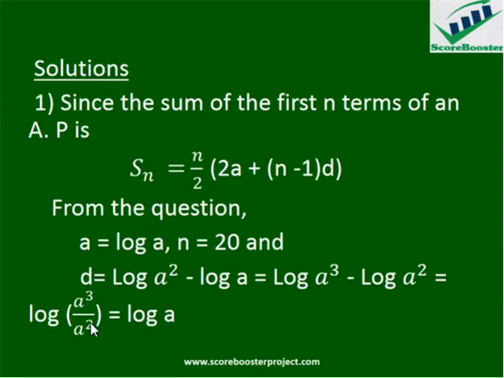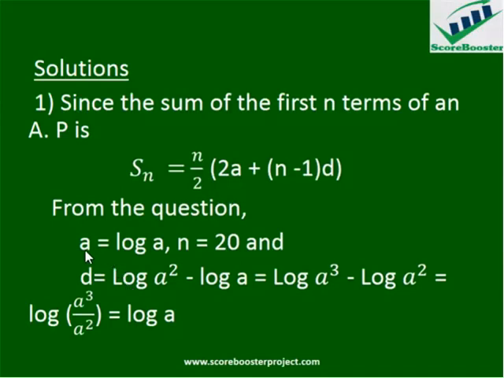According to the rule of indices, a raised to power m divided by a raised to power n is the same thing as a raised to power m minus n. So a cubed divided by a squared is a raised to power 3 minus 2, which gives a raised to power 1. So log a raised to power 1 is the same thing as log a. We've now obtained the common difference, which is log a.